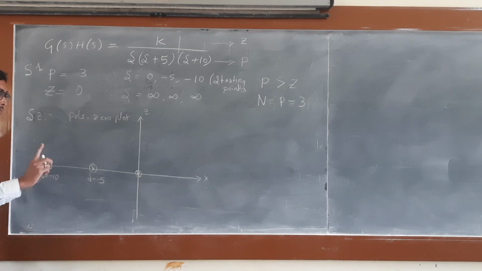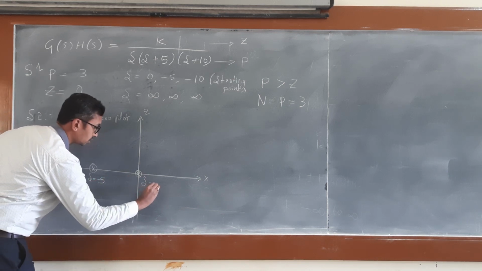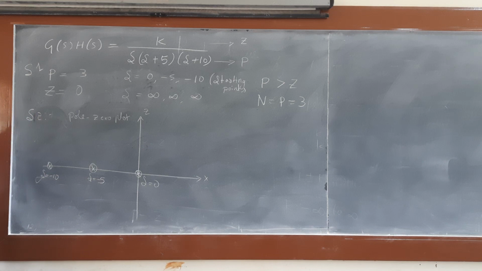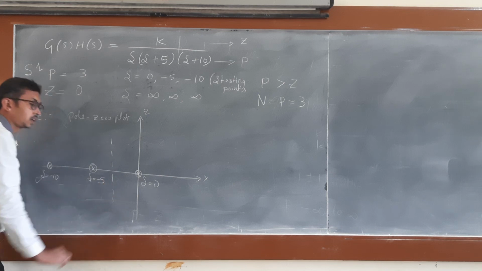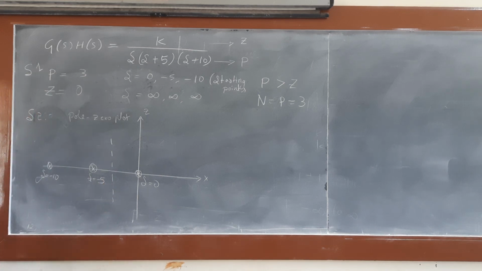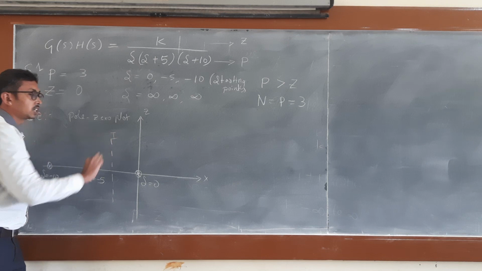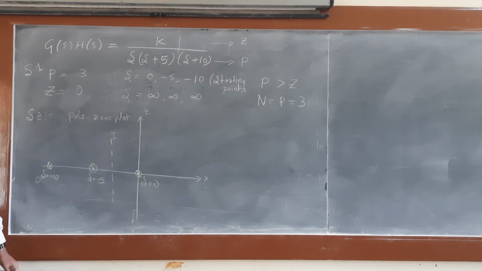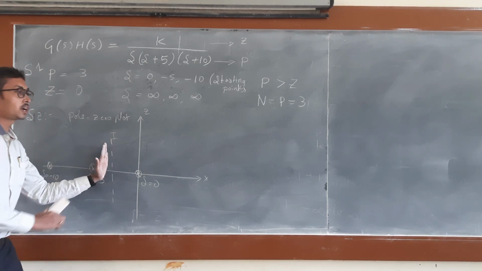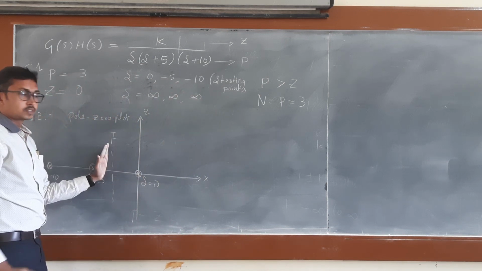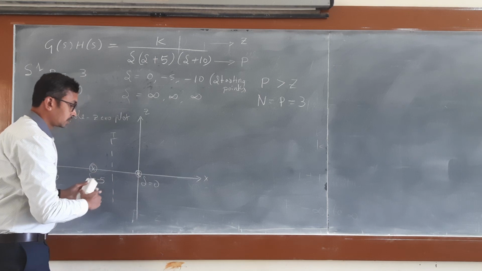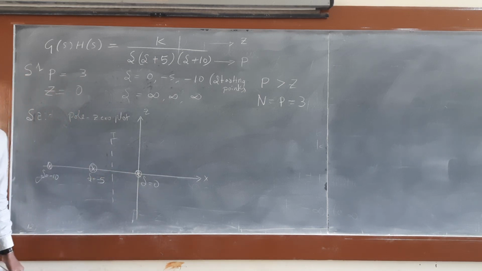So now first I am going to consider two roots, S is equal to 0 and S is equal to minus 5. I am going to draw an imaginary line between these two roots. How many roots are there to the right side of this line? There is one root, that is S is equal to 0.